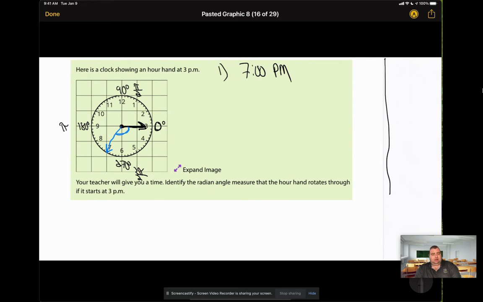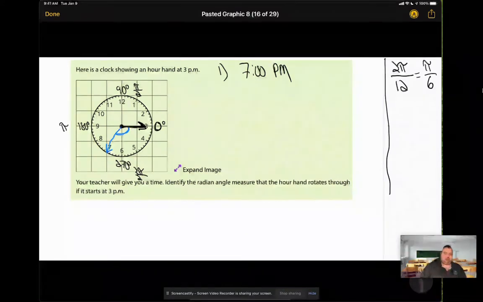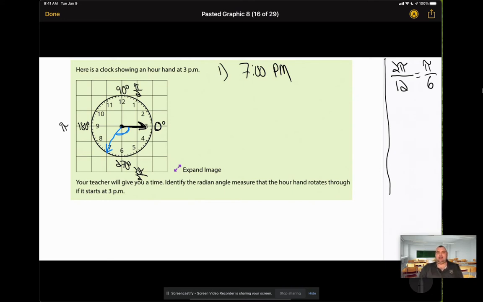I also know that there are 12 spots on the clock. So if I divide, 2 pi over 12 is equal to pi over 6. Each time I move a spot on the clock, I'm moving pi over 6 radians.